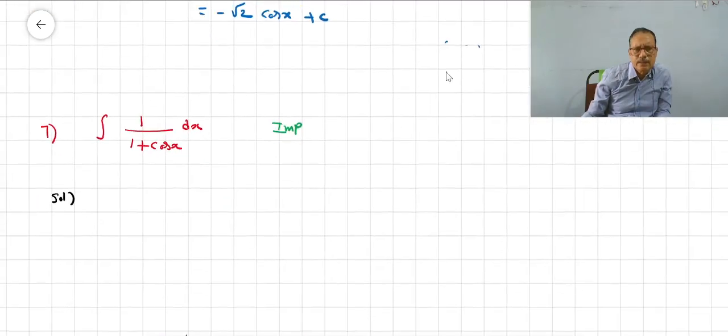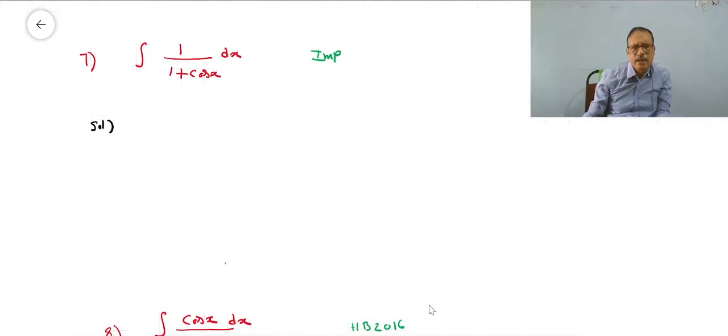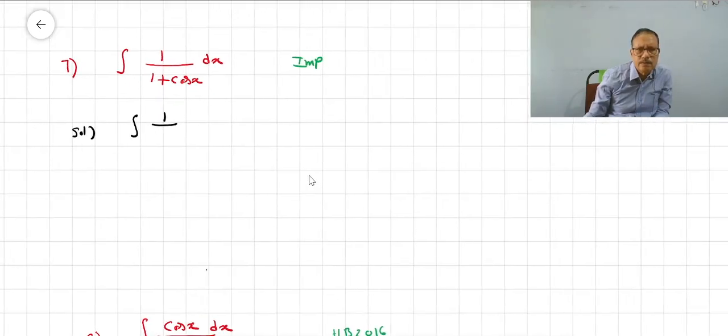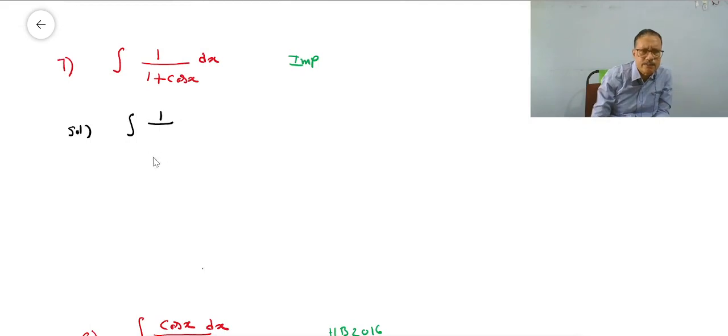So next one, integral of 1 by 1 plus cos x dx. So this is equal to integral of 1 by 1 plus cos x dx.